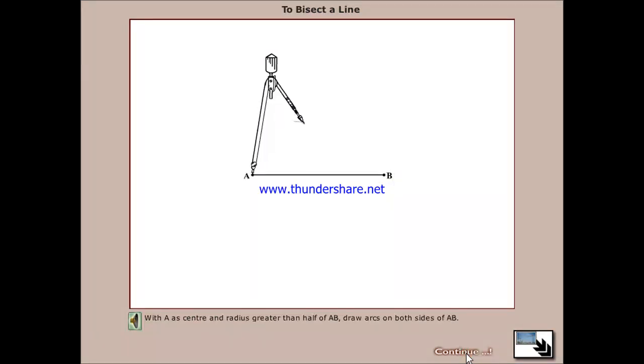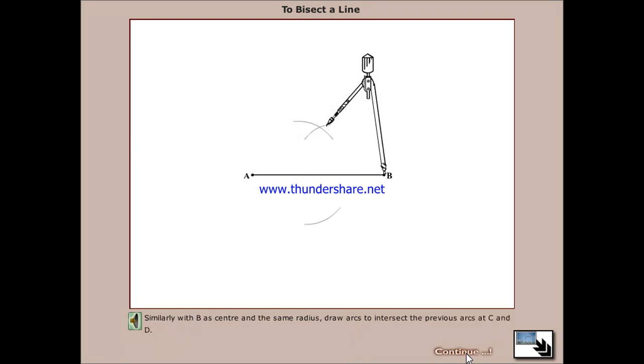With A as center and radius greater than half of AB, draw arcs on both sides of AB. Similarly, with B as center and the same radius, draw arcs to intersect the previous arcs at C and D.